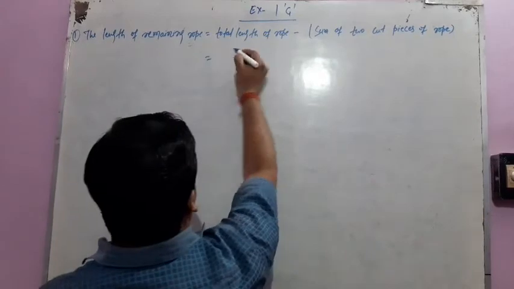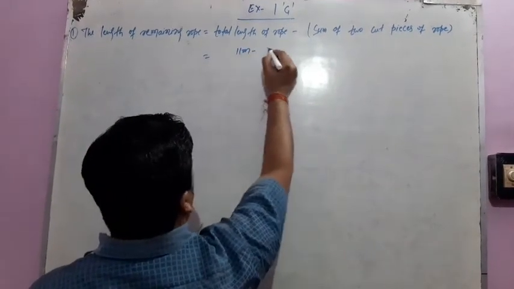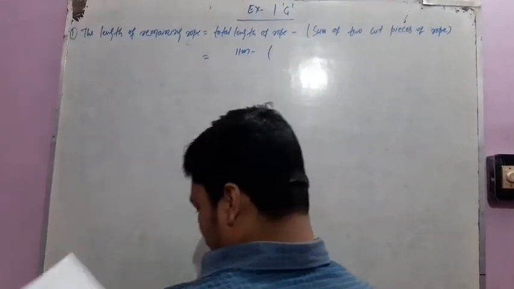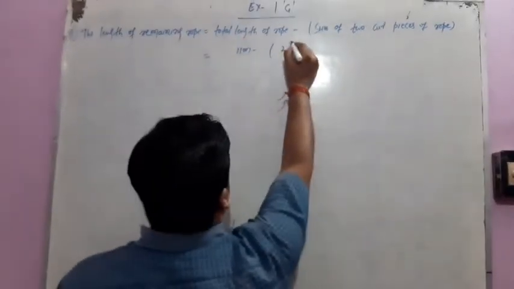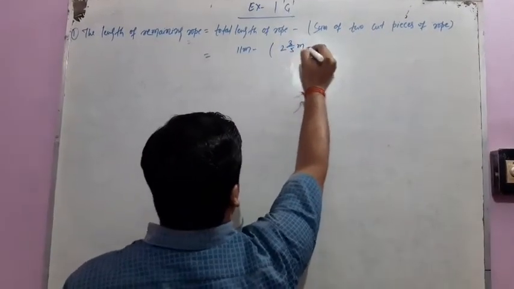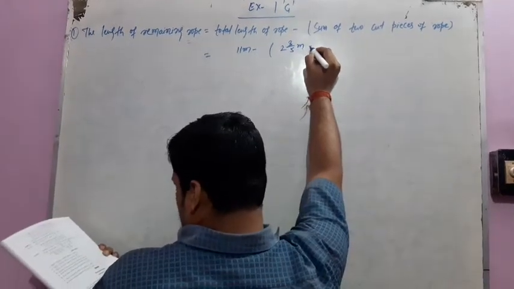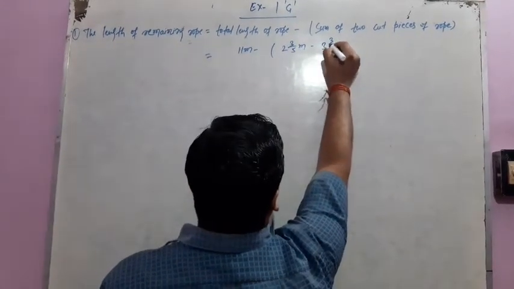The length of total rope is 11 meter and the first cut piece is of 2 whole 3 by 5 meter and the second cut piece is of 3 whole 3 by 10 meter.